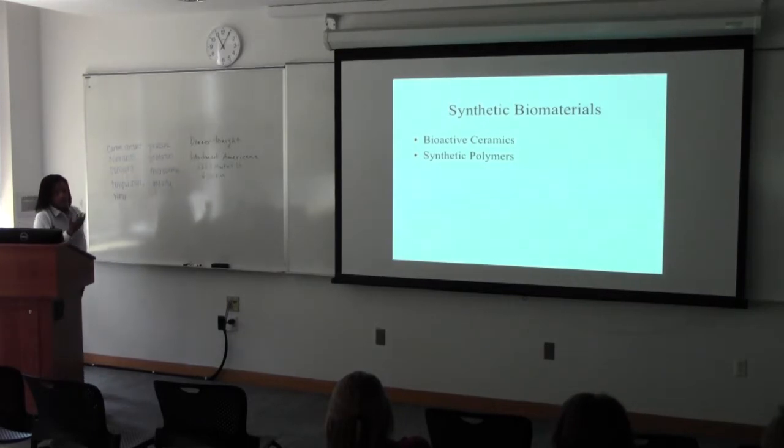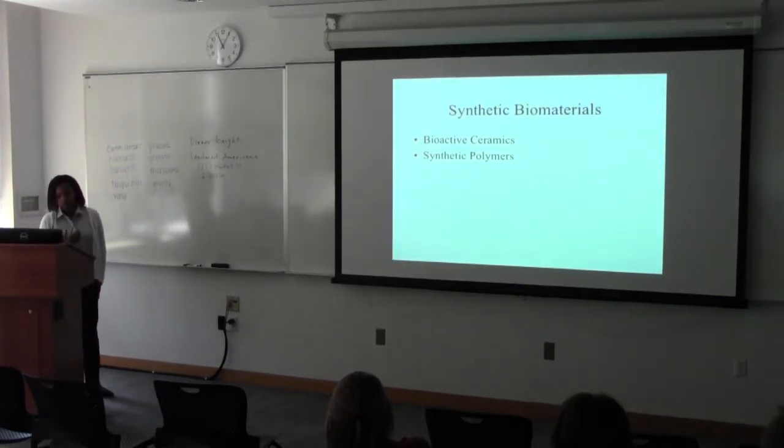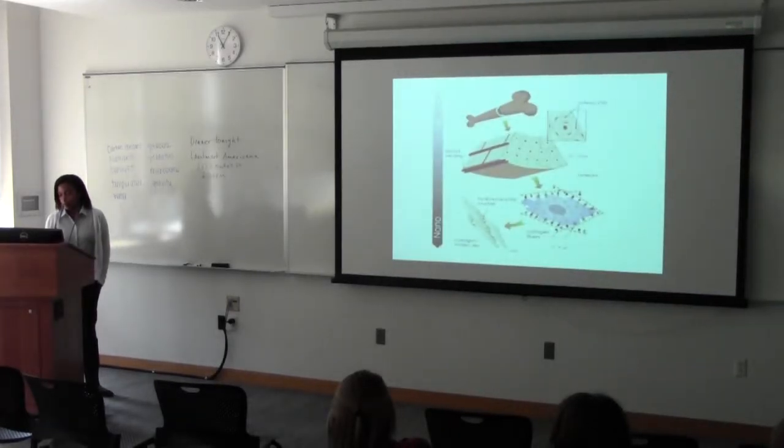Okay, so those are the common natural materials. In terms of synthetic, we'll shift to synthetic materials. I'll start a little bit with ceramics, and tell you why I'm talking about ceramics, and then some of these polymers. Why do we care about ceramic materials?